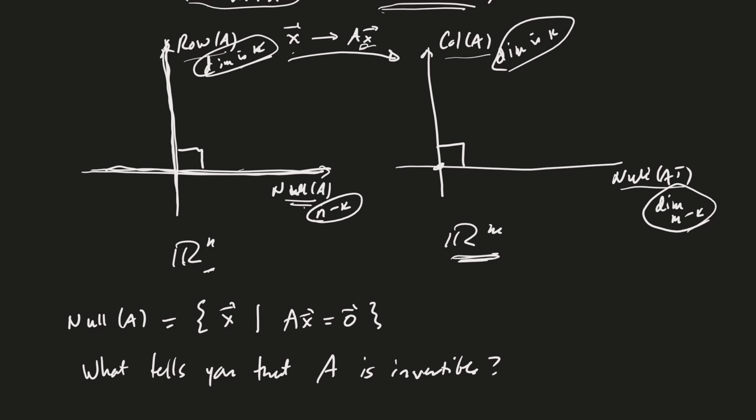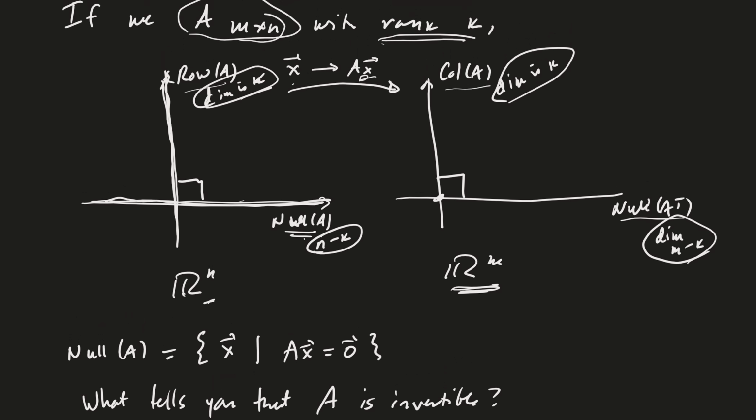Well, there's a couple things. I guess that's kind of a trick question, right? Because we have an m by n matrix here. First of all, our matrix has to be square, right?